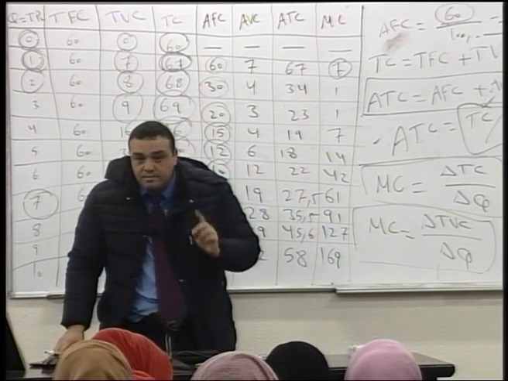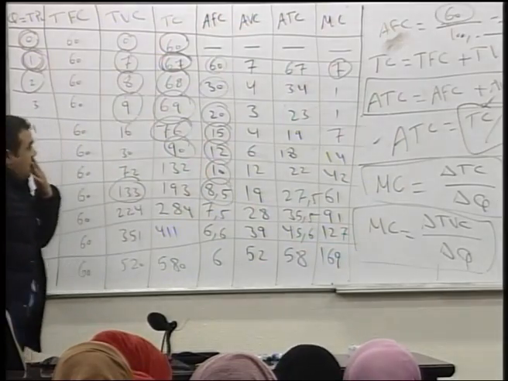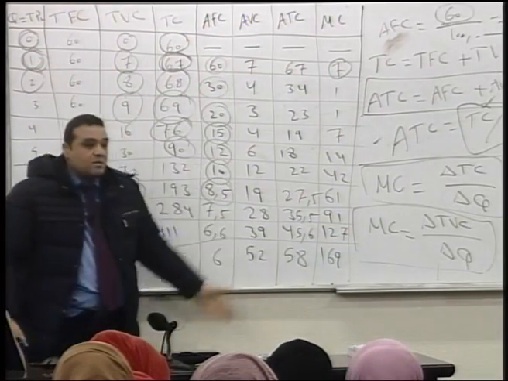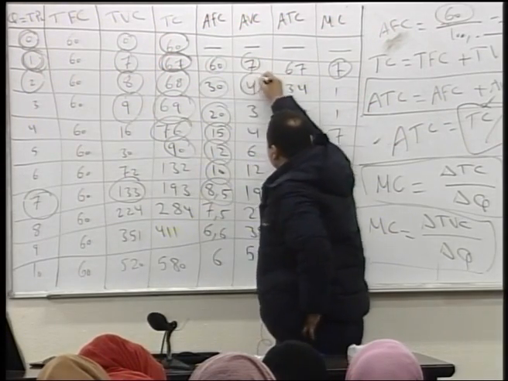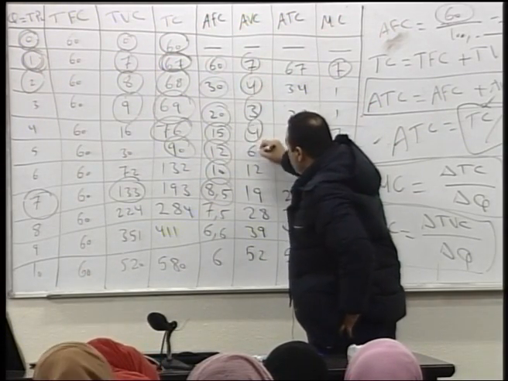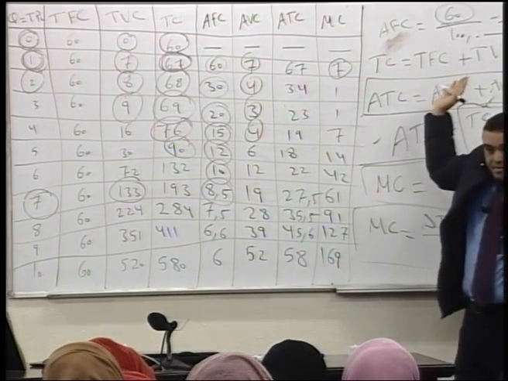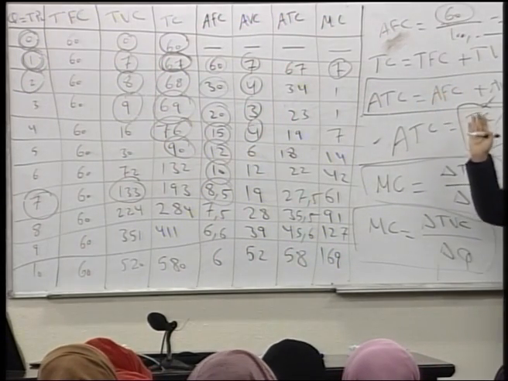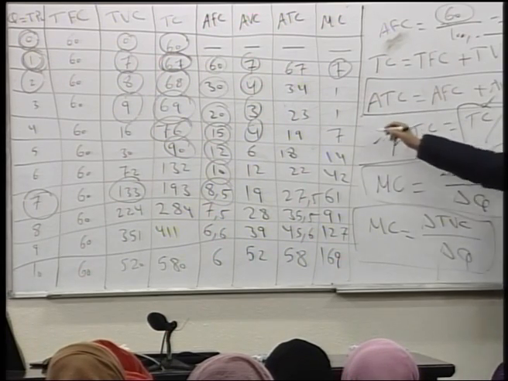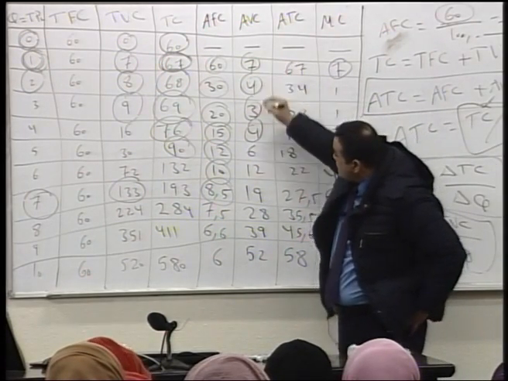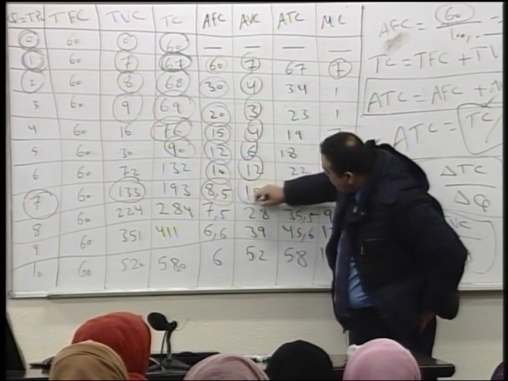Okay. What about the average variable cost? What do you see? Declined here, then starts to go up. Average variable cost. Here we are talking about a short run. So it has declined here and starts to go up.